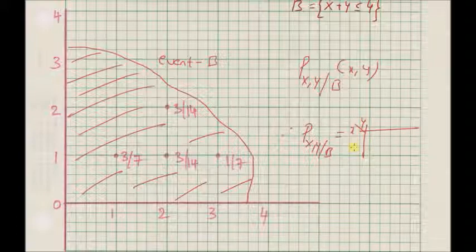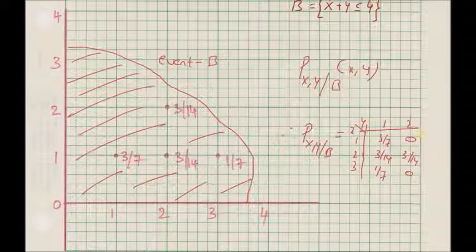For x equal to 1, 2 and 3 and y equal to 1 and 2, we have the values 3/7 at (1,1), 3/14 at (2,1), and 1/7 at (3,1), and we have a value only at (2,2), which is 3/14, and the rest of the values are zeros. For all the other values also, the conditional probability mass function is 0.